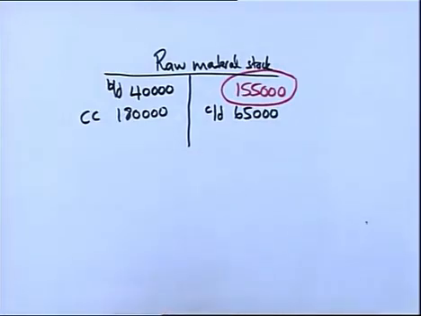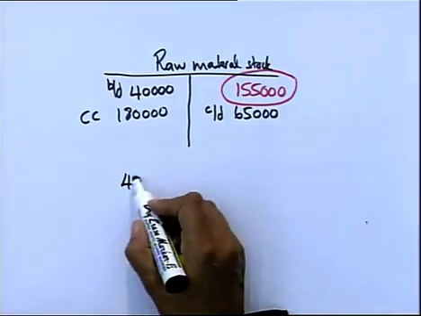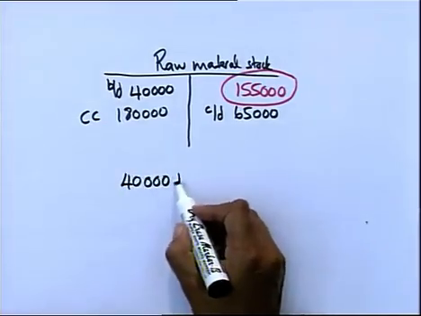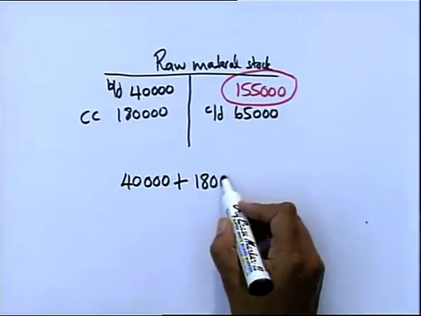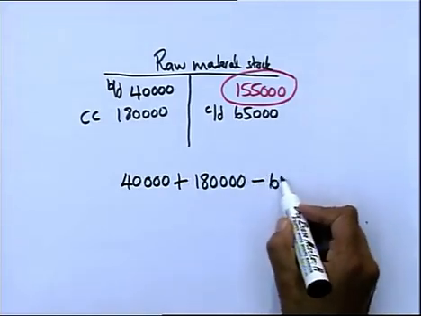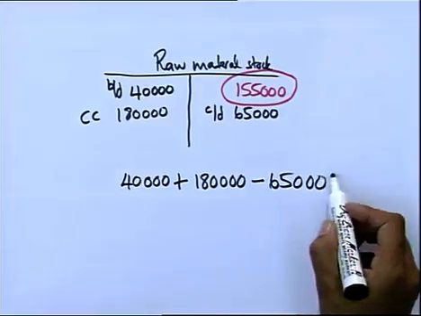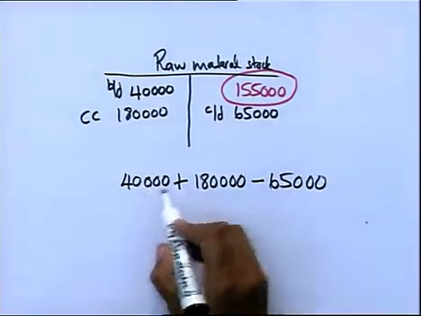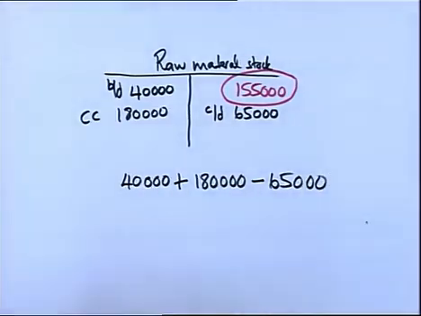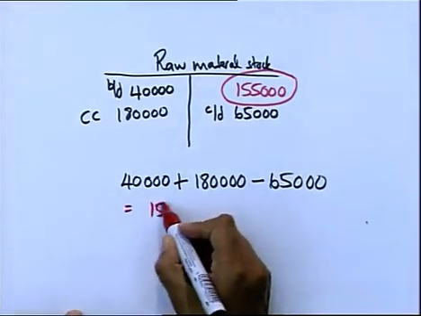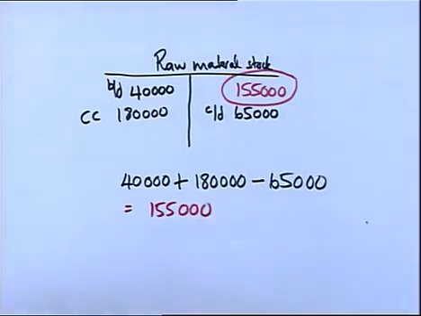Another way to write that, if you're not going to draw a T account, you say 40,000 plus 180,000 minus 65,000. So what I started out with plus what I bought minus what I didn't issue to production, and that gives you 155,000. So that is the cost of my raw materials.